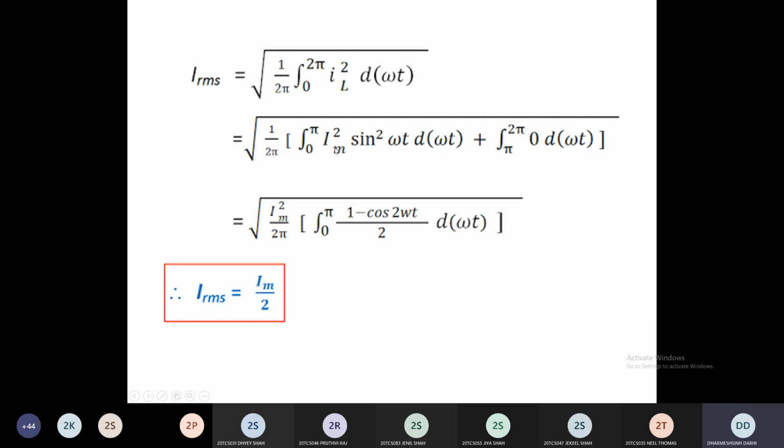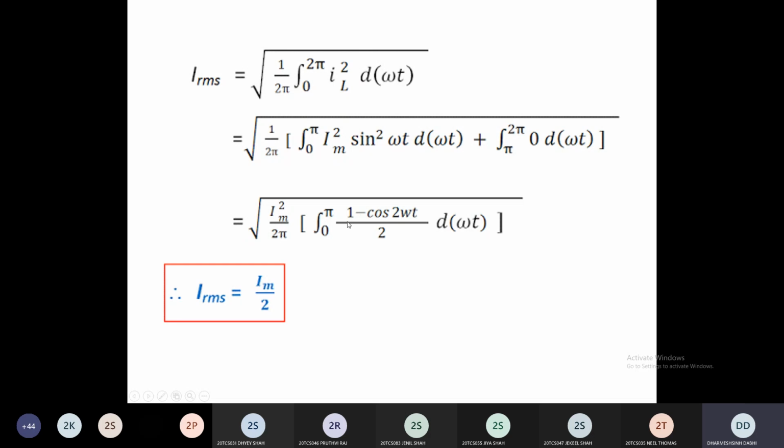Im square is a constant, so Im square divided by 2 pi. Then take integration only of sin square omega t. And as we know, sin square omega t is 1 minus cos 2 omega t divided by 2. So here again 1 by 2 is common, so that becomes Im square divided by 4 pi.